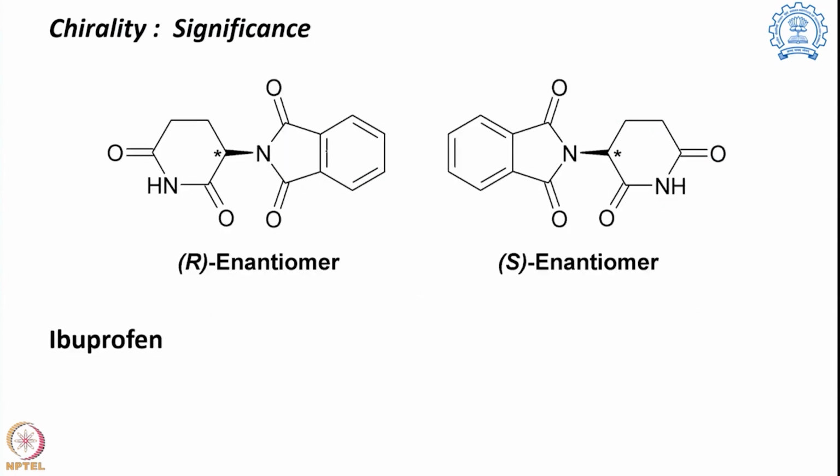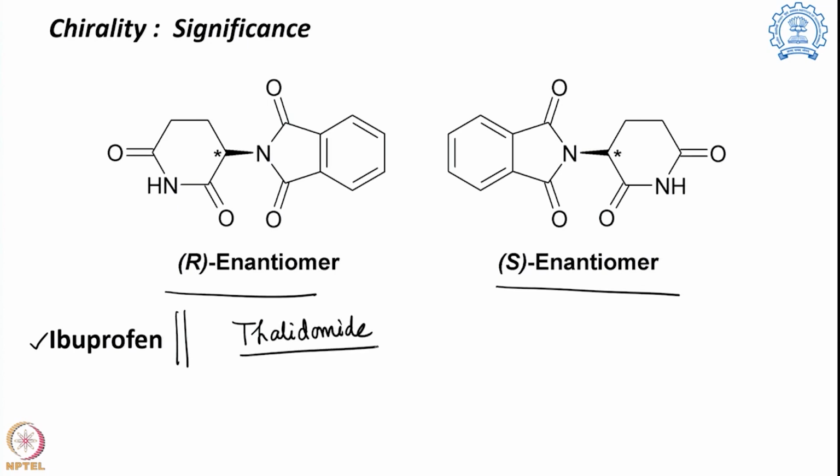Let us take another example of a system. So, we have already discussed ibuprofen. Now, we are discussing another molecule. This particular molecule is known by the name thalidomide. So, these are the two structures of thalidomide.